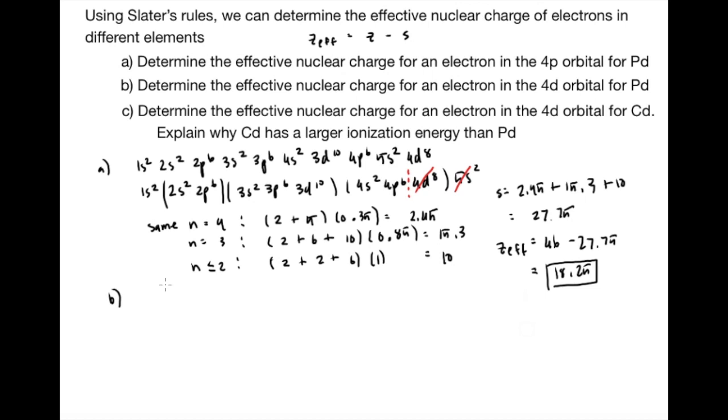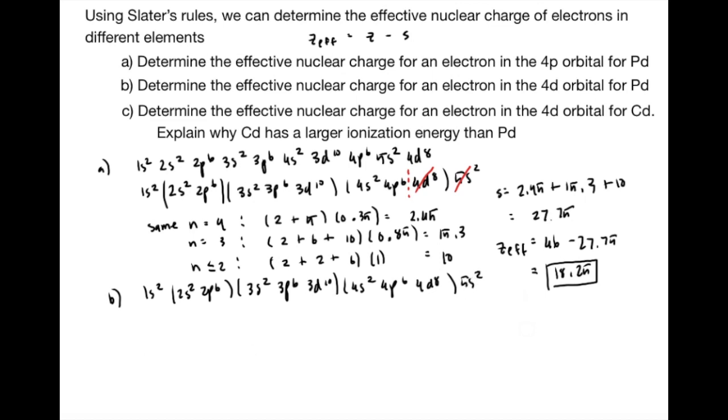And now for part B, we need to do something very similar, except we'll be calculating this for 4d8. And so we can simply rewrite the electron configuration that we figured out from before. So we have 1s2, 2s2, 2p6, 3s2, 3p6, 3d10, 4s2, 4p6, 4d8, and 5s2.